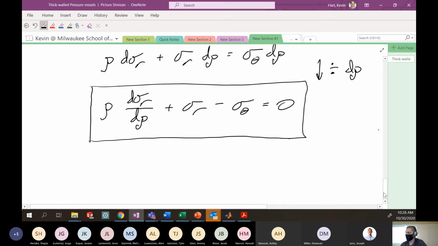Okay. Can we identify this type of equation?